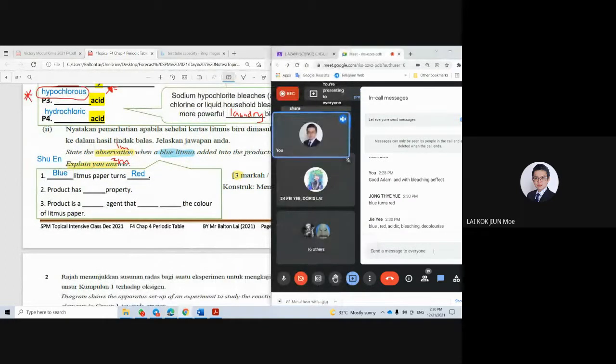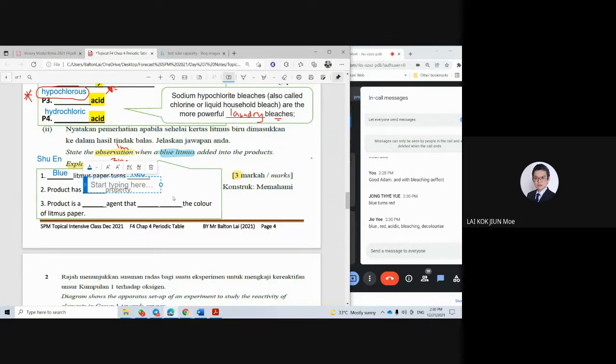So biru merah, acidic. The product has what properties? Acidic properties. The product is a what agent? Bleaching agent that can decolorize. Very good, decolorize.